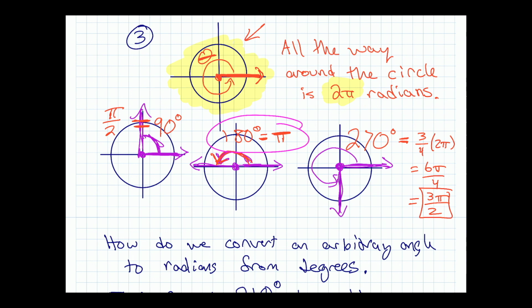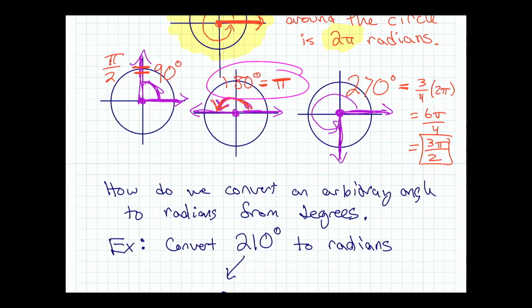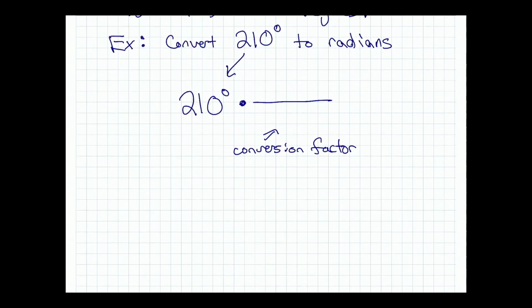The reason we do that is because all of the others have extra numbers in there, right? Like if you wanted to use pi over 2 equals 90 degrees, there's an unnecessary fraction over 2. So we might as well just stick with 180 degrees is pi radians. So the conversion factor is 180 degrees equals pi radians.